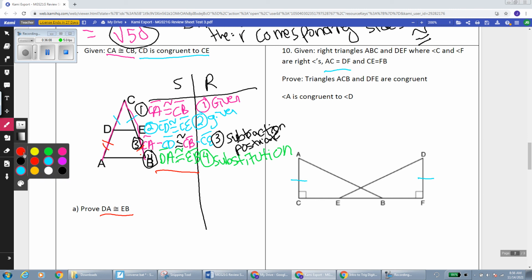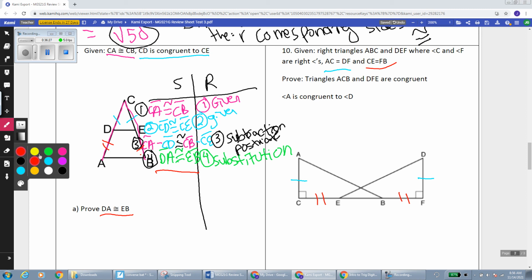And they also are telling us here that CE is congruent to FB. And we need to first prove that triangles ACB and DFE are congruent. And then after we do that, we'll prove that angle A is congruent to angle D.